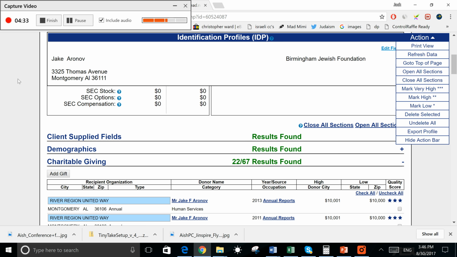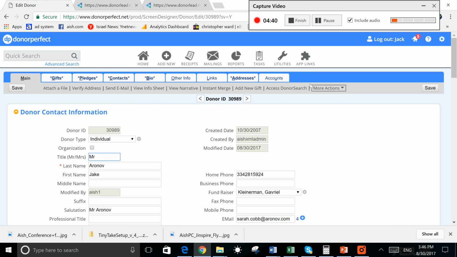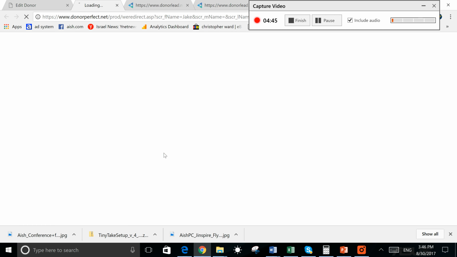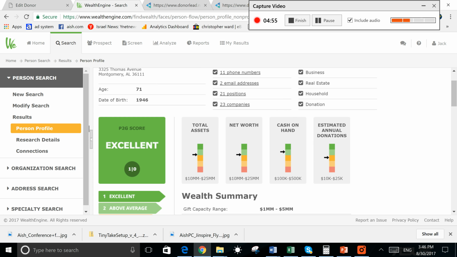The second thing that we have is called Wealth Engine. I'll go back to Donor Perfect over here. Open up Wealth Engine, and as soon as it opens up, you'll see I don't put too much stake into their exact numbers, especially the total assets, because we don't know their total assets. It's only public information, particularly for someone like Jake, who's not a public person.